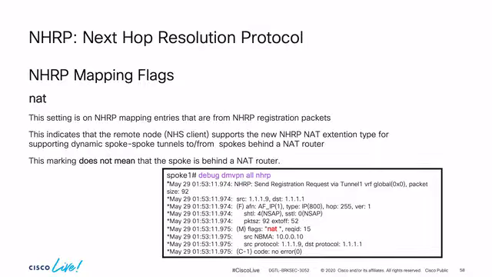So when you look at this NAT, please don't be confused. It does not mean that the spoke is behind a NAT router. No, it does not mean that. What it actually means is it supports the new NHRP NAT extension type for spoke-to-spoke tunnels between spokes which are behind a NAT router. That is all this particular flag indicates, and it should not be mistaken that any of the spokes or the hub is actually behind a NAT device.